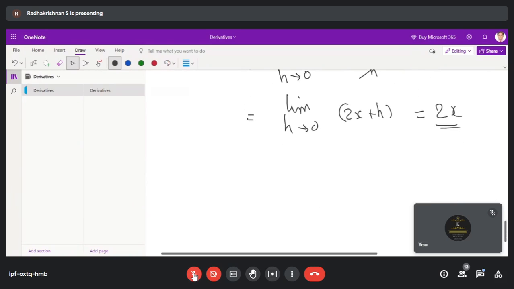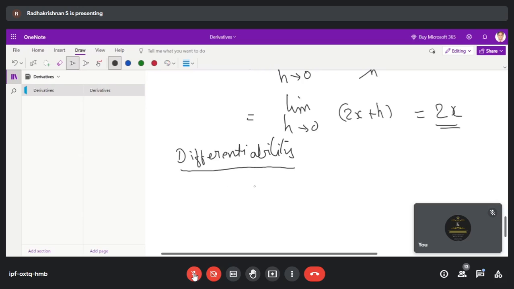Now next, let us see this concept of differentiability. If it is a smooth curve like what we drew, we can apply this formula, but unfortunately all functions are not like that. For example, mod has a sharp turning, so differentiability may not be there at some points.